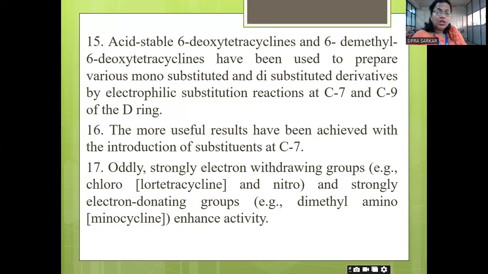The more useful results have been achieved with the introduction at C7 of a strongly electron withdrawing group, that is chloro, and a strongly electron donating group, that is dimethylamino, as in minocycline, which enhance the activity. That means strong electron withdrawing groups like chloro and nitro, and strongly electron donating groups like dimethylamino, enhance the activity. Okay, some electron withdrawing and some electron donating groups will enhance the activity of the drug.